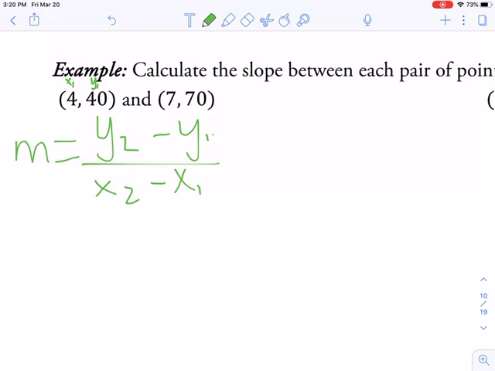Okay, so I'm going to put x1, y1 here, and x2, y2 over here. Now, if I had labeled these the opposite, so if I made this point x1, y1, that's fine, as long as you're not mixing and matching, like x1 is with y2 or something like that. Just make sure that x1 and y1 are in the same point, x2 and y2 are in the same point.